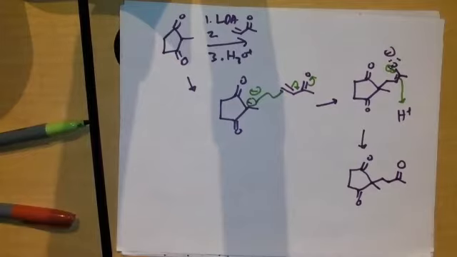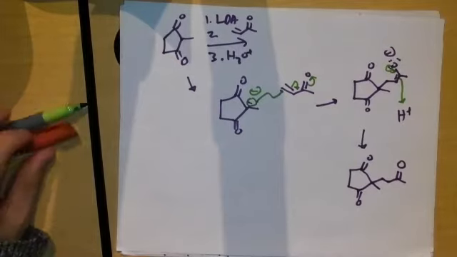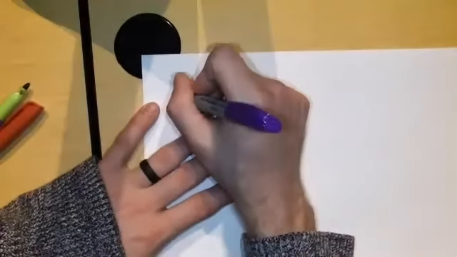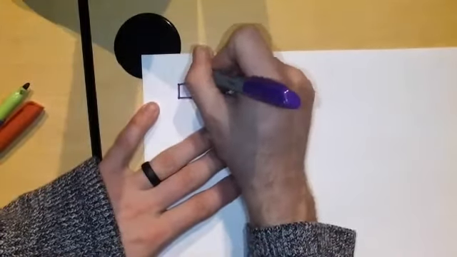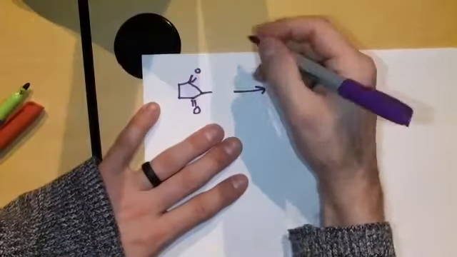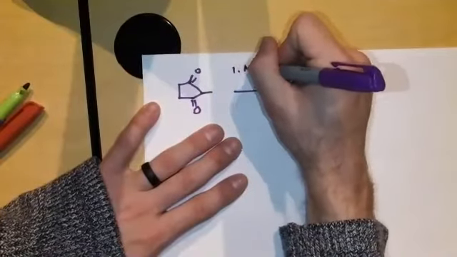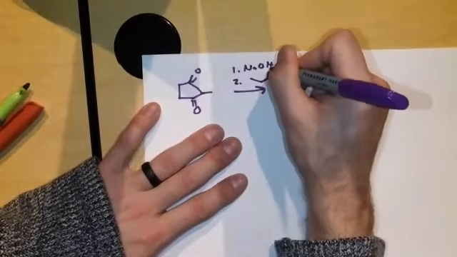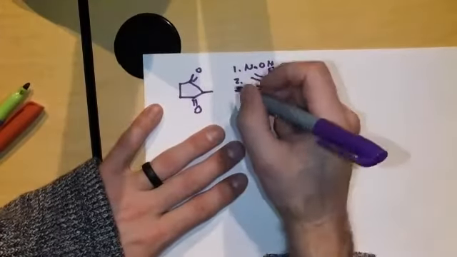All right, and the next one I gave you the same first step to make things easier. So we're doing a Robinson annulation. Our starting material is the same thing as the last one. Our first two reagents are the same, so NaOH, this Michael acceptor here.